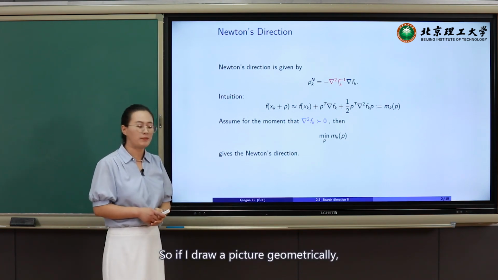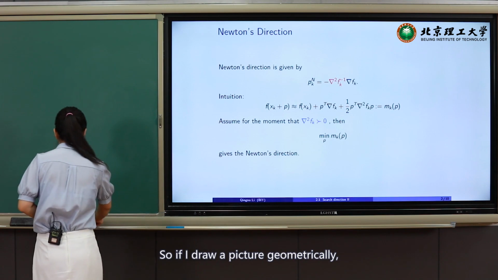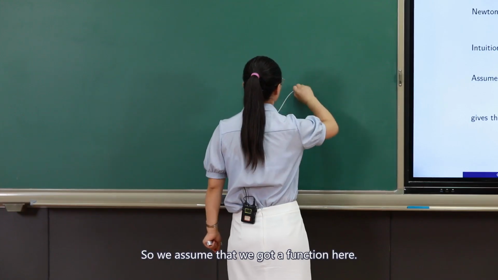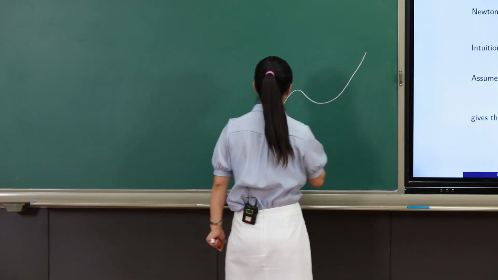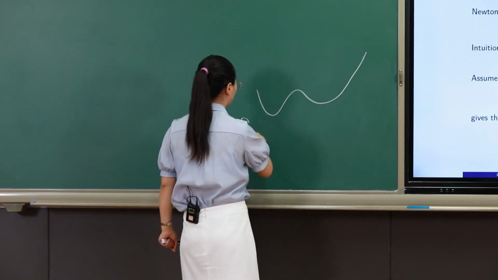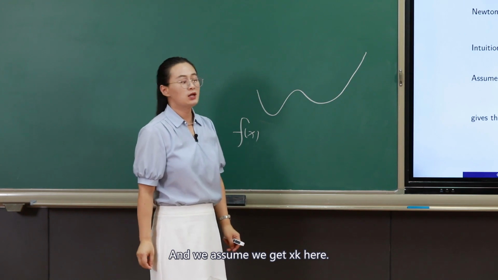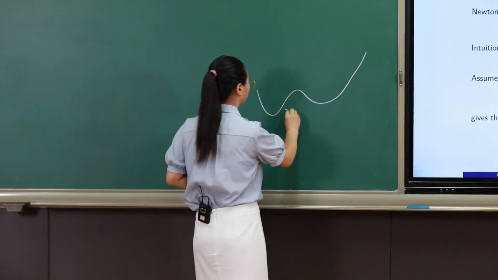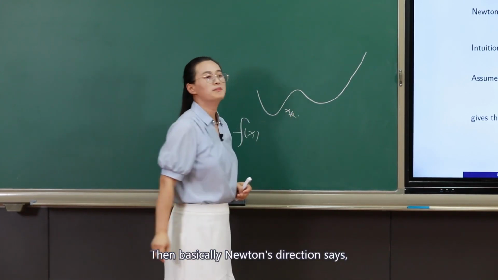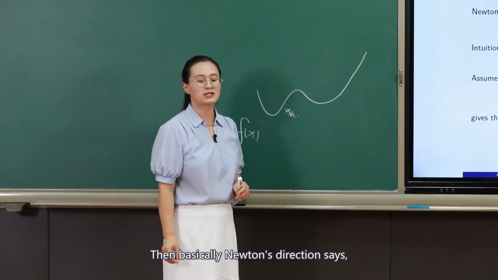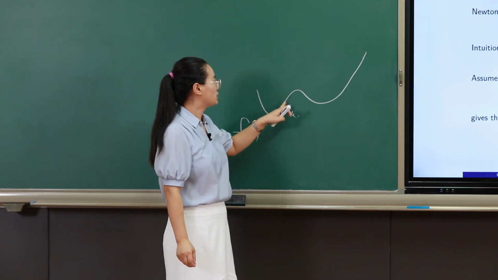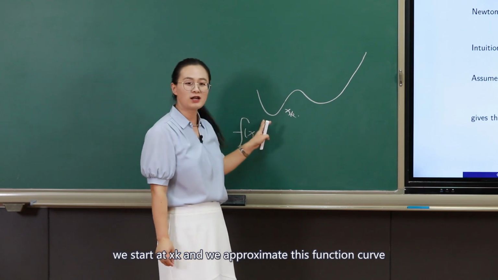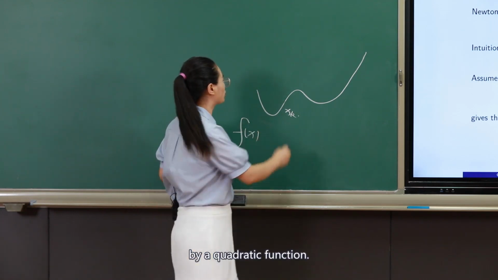If I draw a picture geometrically, it will give you the following result. We assume that we have a function f here, and we have x_k here. Newton's direction says we start at x_k and approximate this function curve by a quadratic function.